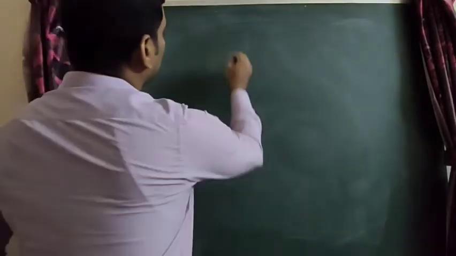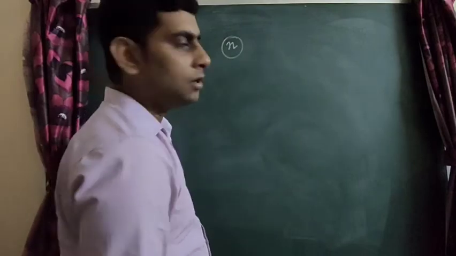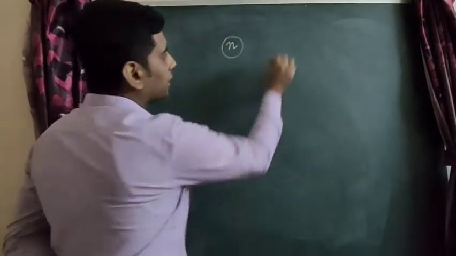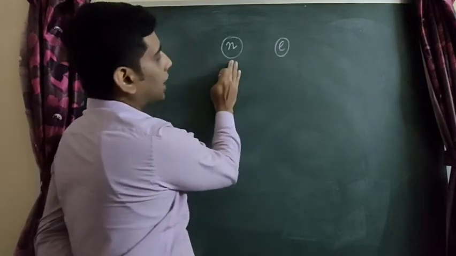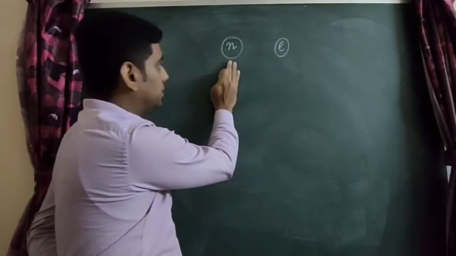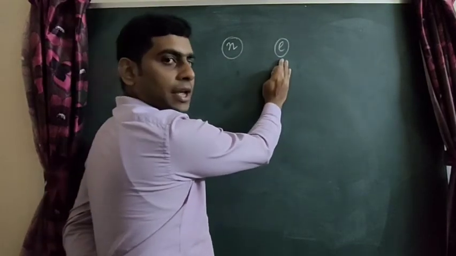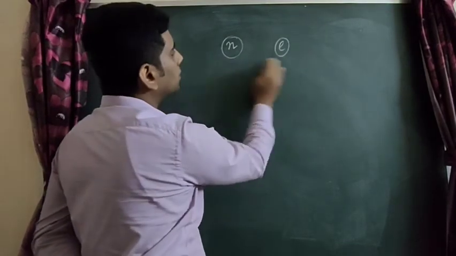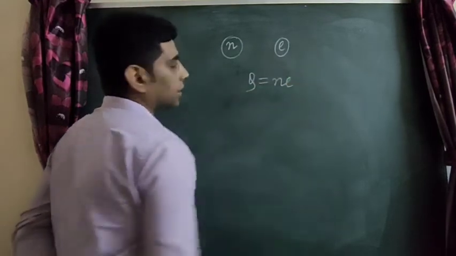Suppose there are n number of electrons which are moving, and the charge of an electron is e. So what is the total charge which is flowing? There are n electrons, the total number of electrons which are moving, and the charge of a single electron is e. So the total charge Q is n into e.